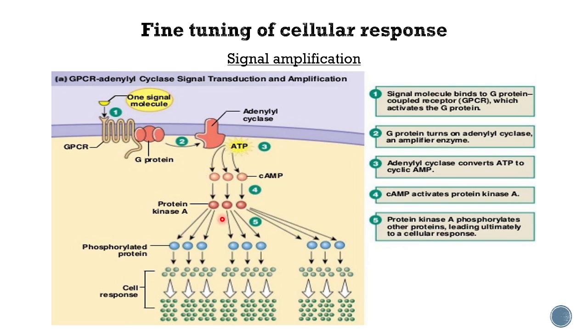That can also happen during the signal transduction pathway, especially the phosphorylation cascade, as you can see here, assuming these are all kinases. So one kinase can phosphorylate and activate more than one downstream kinase, which then phosphorylates and activates even more downstream kinases.